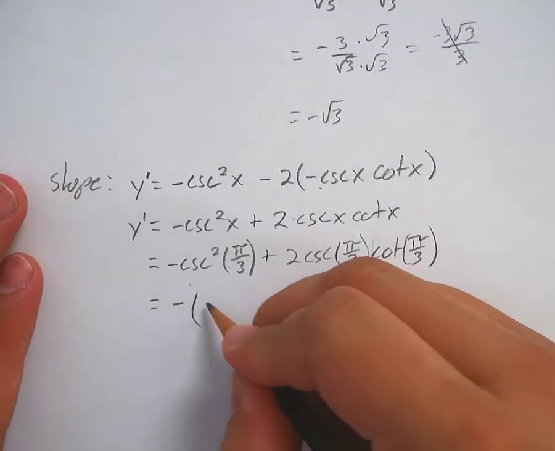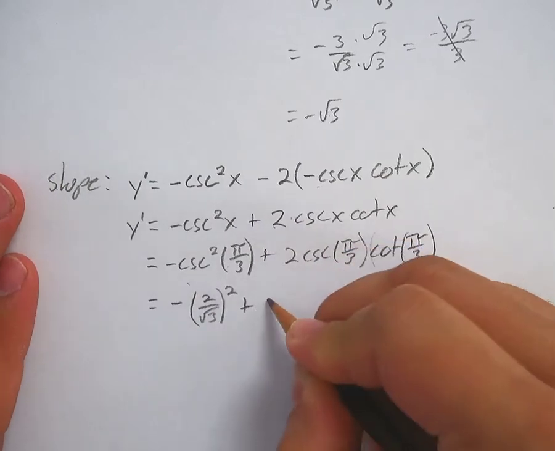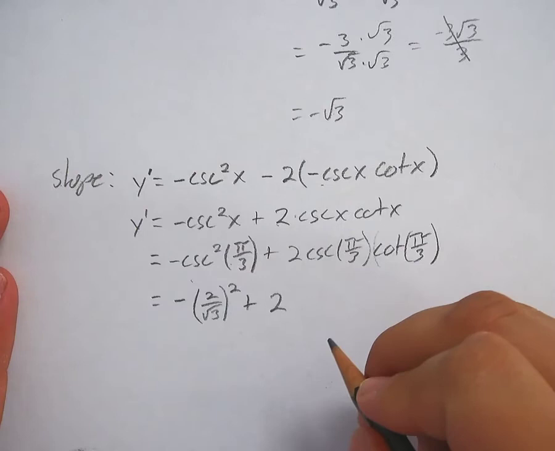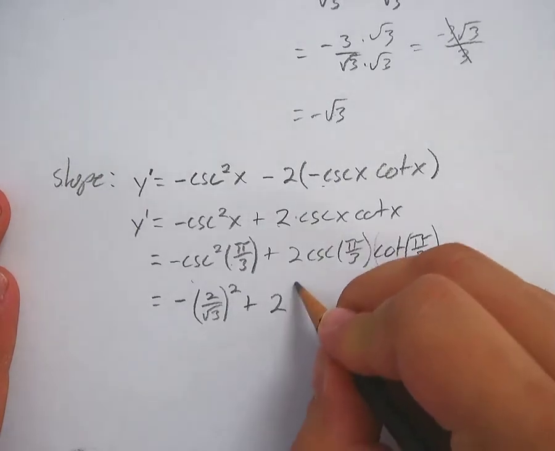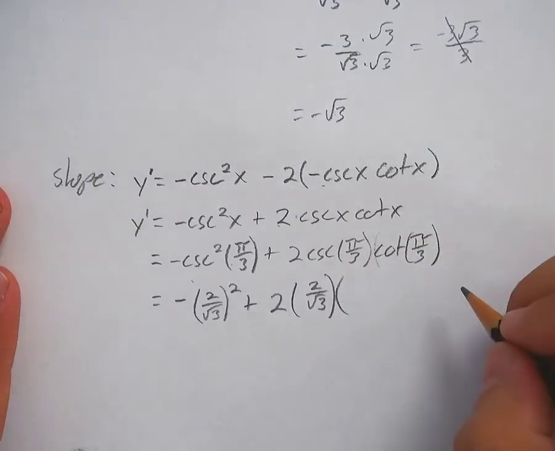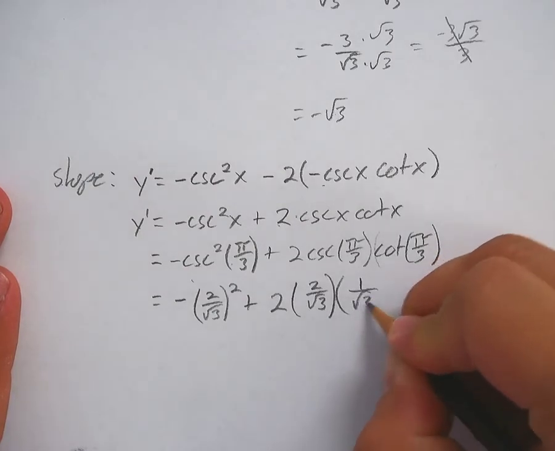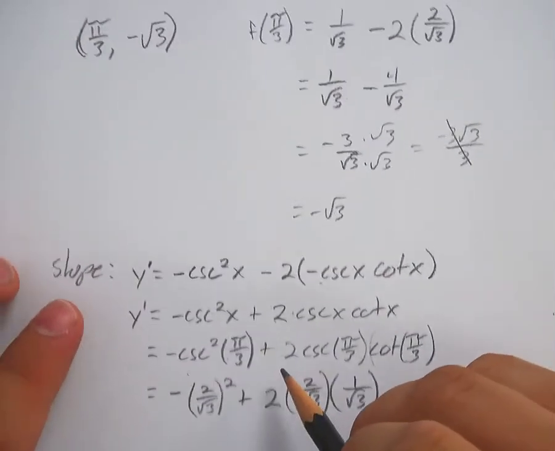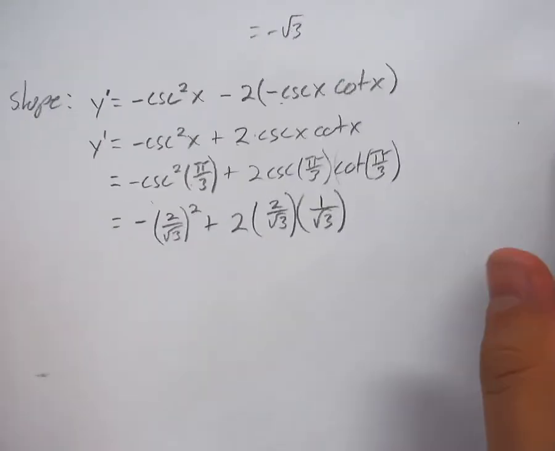So this would be negative 2 over the square root of 3, squared, plus 2 times the cosecant of pi over 3, which is 2 over the square root of 3, times the cotangent of pi over 3, which is 1 over the square root of 3. Again, I'm getting those from the unit circle, just bringing those down from the top since I've already found them.